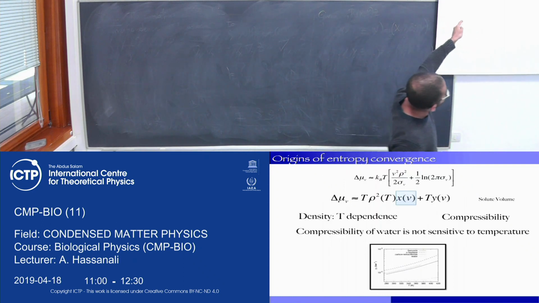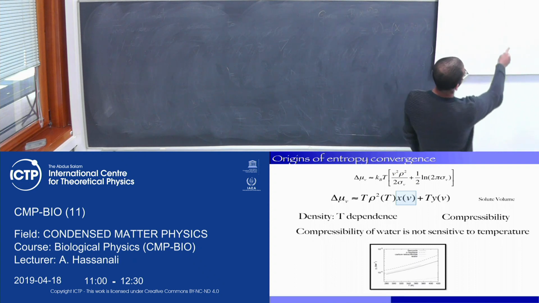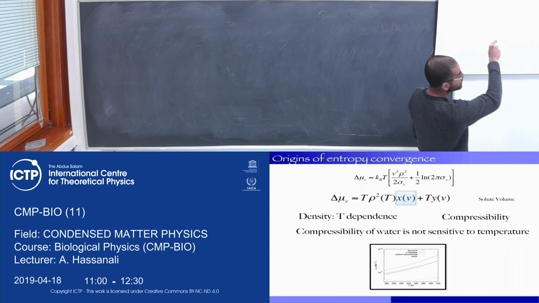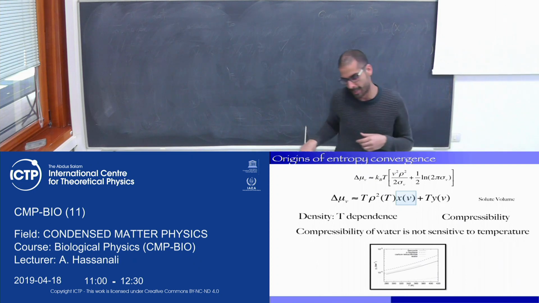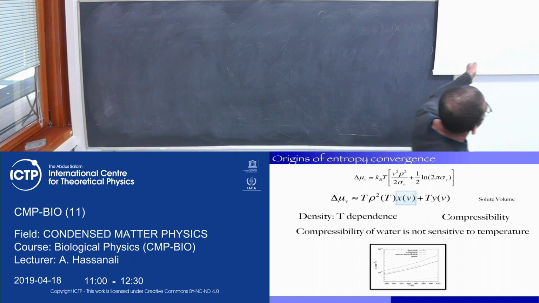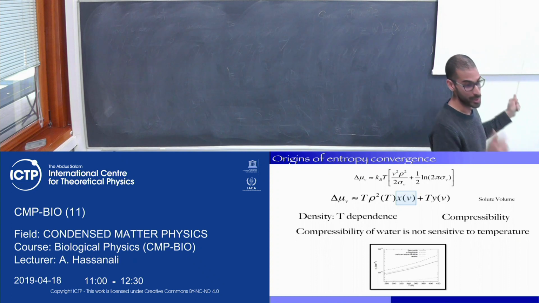We're going to focus on this part here. So I have a kBT, a temperature dependence. I'm going to write the density as a function of temperature, because the density does depend on temperature. And I'm also going to put in another function x, which depends on the compressibility.